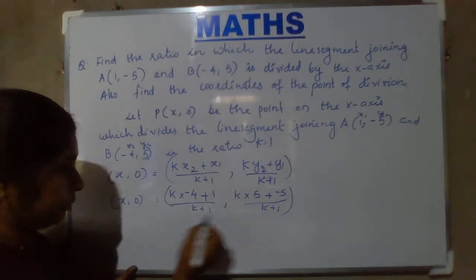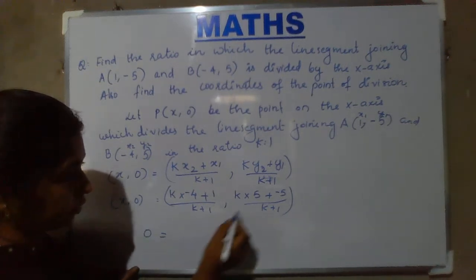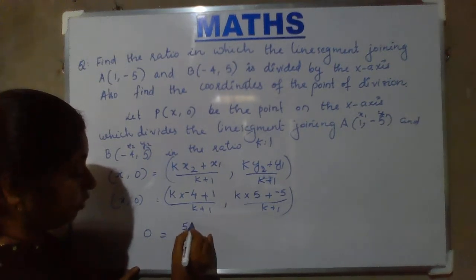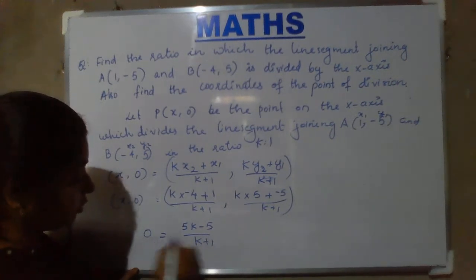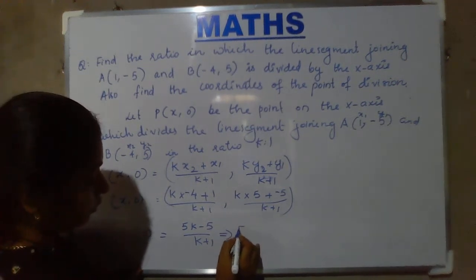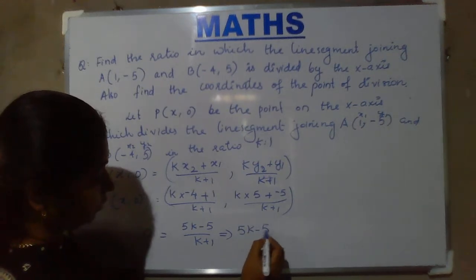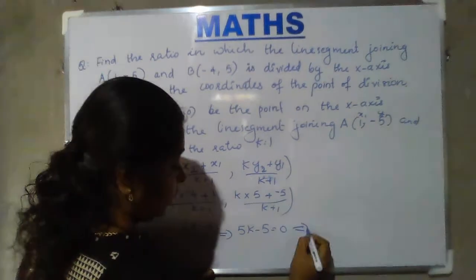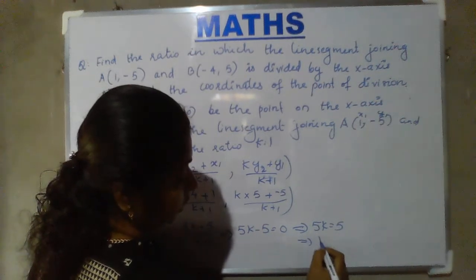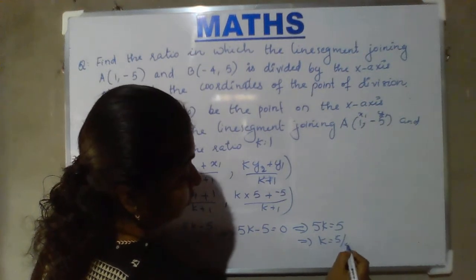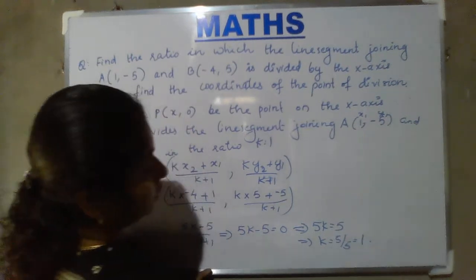We get 0 is equal to (5k - 5) by (k + 1). Now cross multiplying, we get 5k - 5 equal to 0. That is 5k equal to 5. So k is equal to 5 by 5, which is equal to 1.